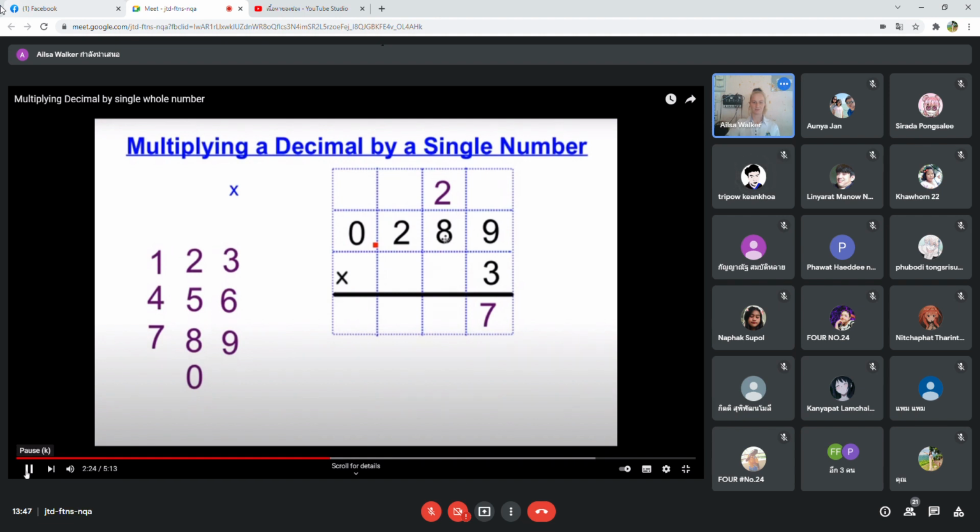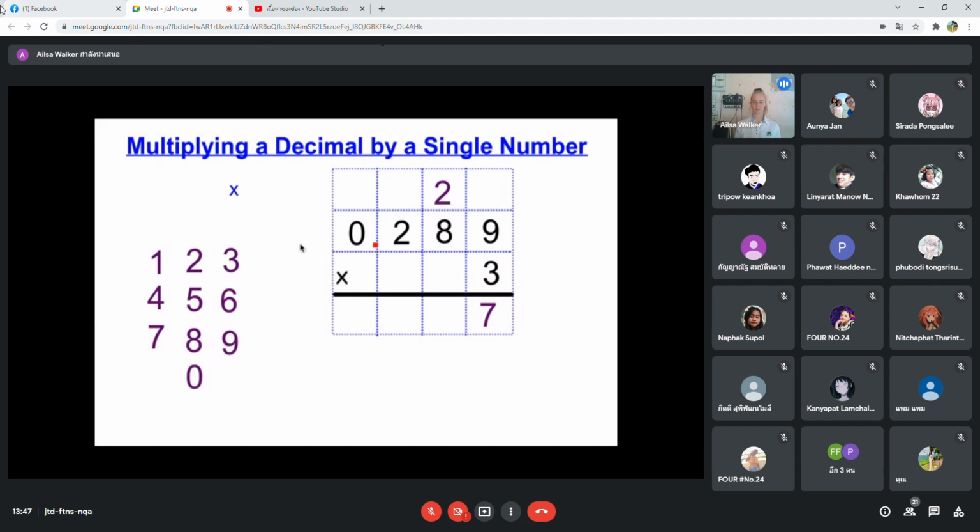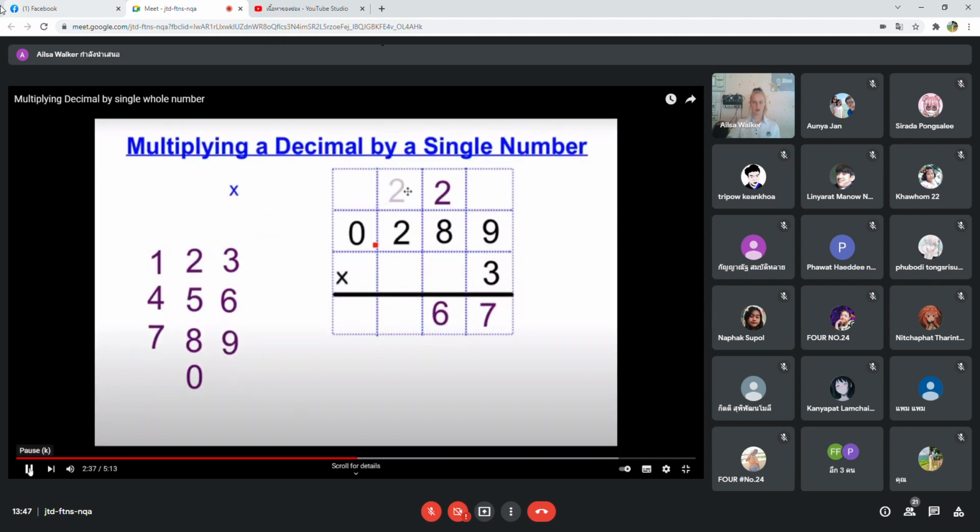Yes? Good. I repeat the problem. 8 times 3 is 24. Good. Plus 2 is 26. Good job. So I need a 6. And since I have more numbers, I need to put a 2 up above the 2 that I haven't multiplied by yet.